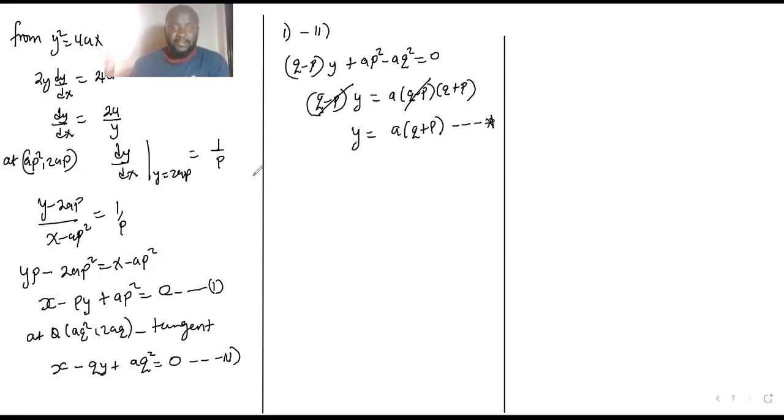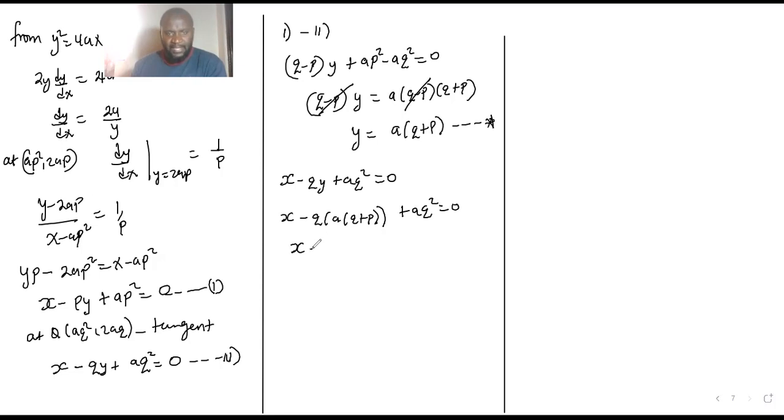Then what is the x? I get this y, substitute in any. I can, for example, use x minus qy plus aq squared is 0. I'll get x minus q(a(q plus p)) plus aq squared is 0. This will open up and say x minus aq squared minus aqp minus aq squared is 0.